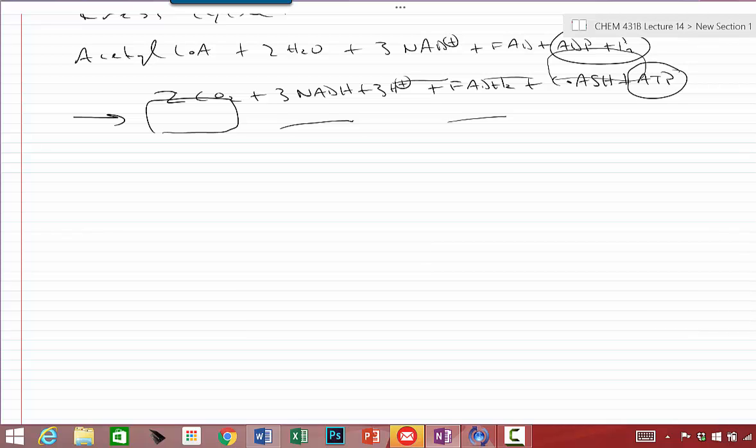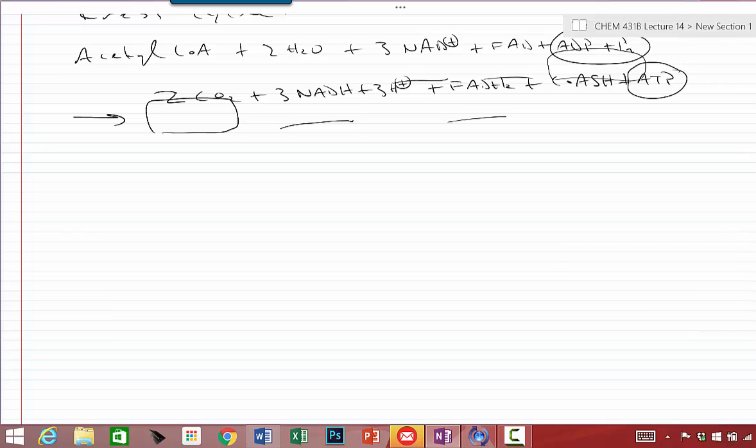Here is a case where you've got alpha-ketoglutarate going to succinyl-CoA. And I want to mention a couple of things to you. It mentions here that this requires NAD+, coenzyme A. I want to mention a couple of other cofactors that are involved.